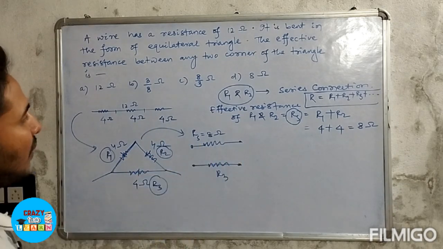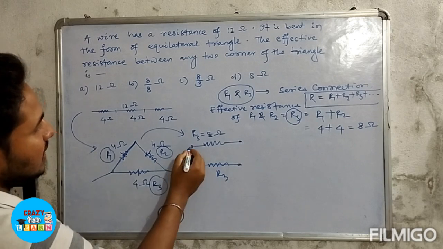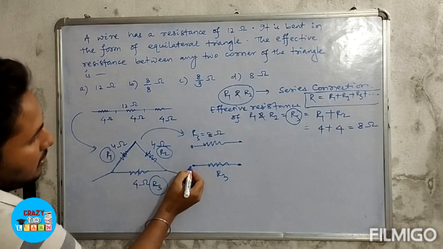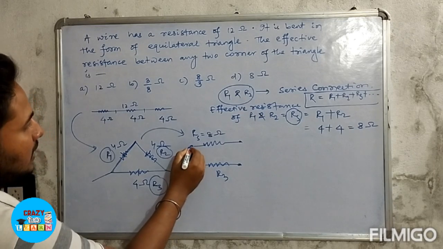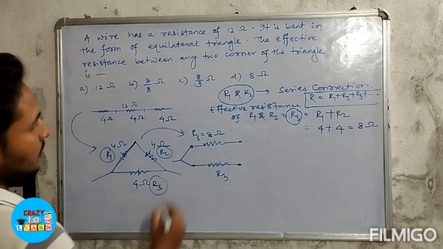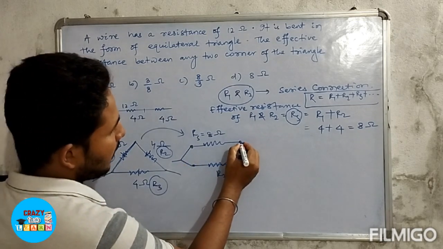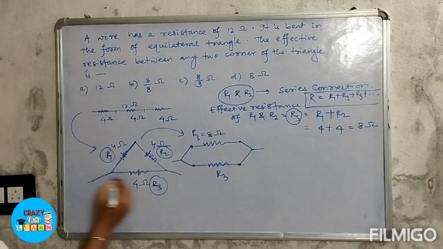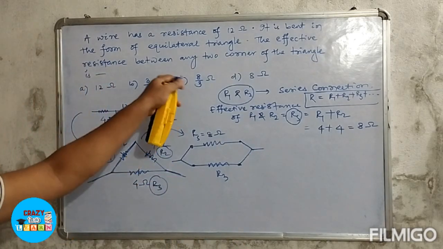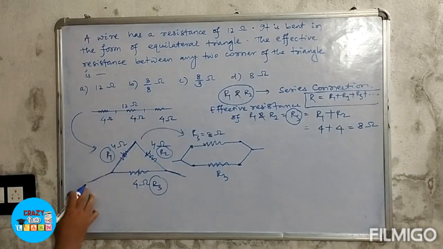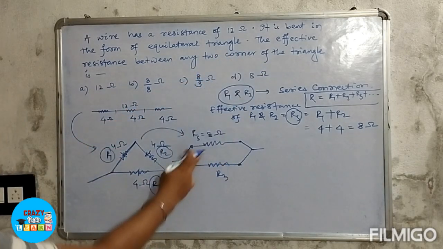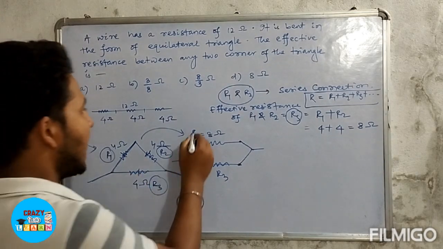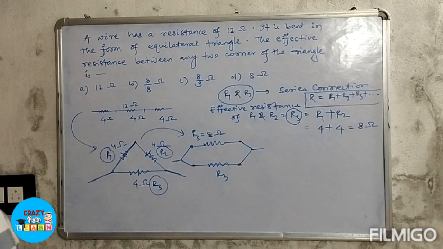Now you will observe that one end of RS and the same end of R3 are connected to a single wire, and the other ends of RS and R3 are connected to a single wire. To get the two corners, you have to form like this. So we found that RS and R3 are connected in parallel.